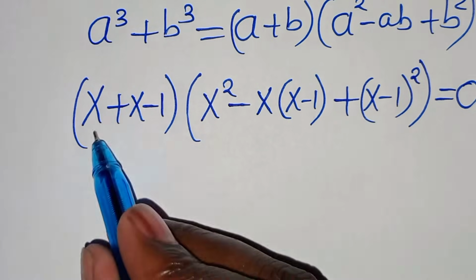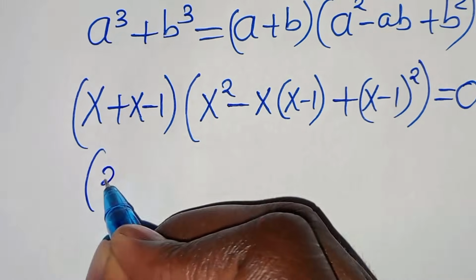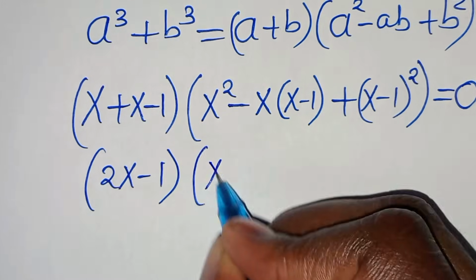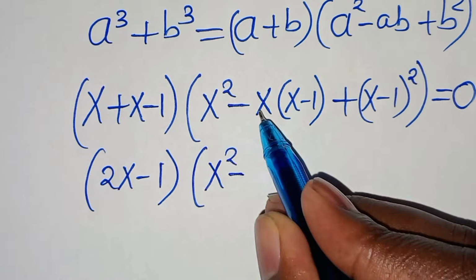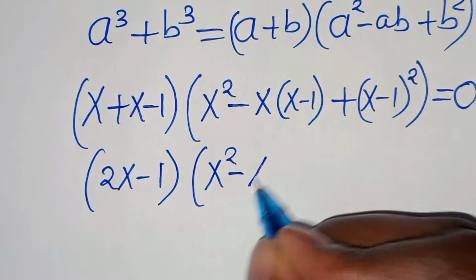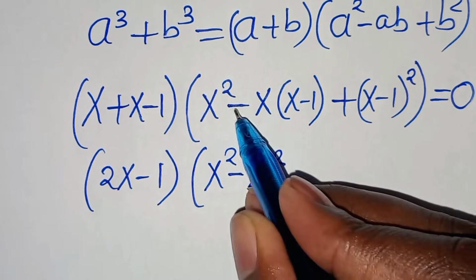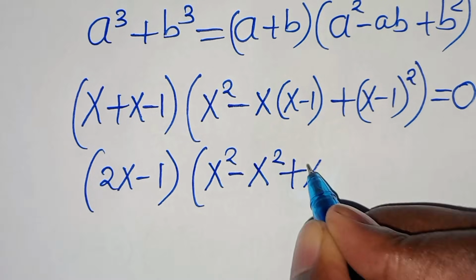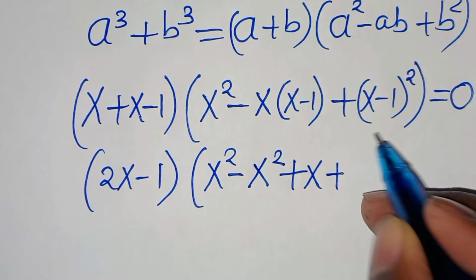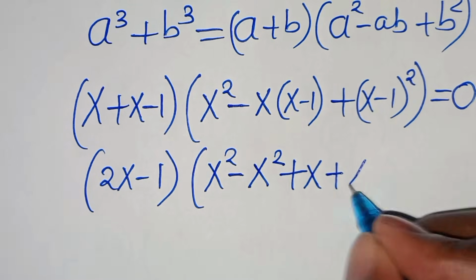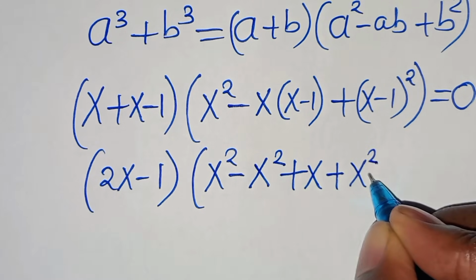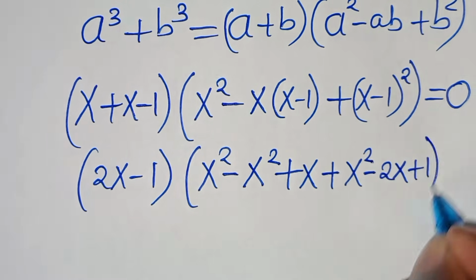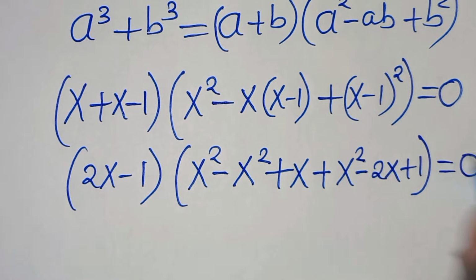So we have x plus x, this is 2x minus 1. Then here we have x to the power of 2, subtract x times x, this is x to the power of 2, then minus x times minus 1, this is plus x, then we have plus, let's expand this, x to the power of 2, then minus 2x, then plus 1, close the parentheses, equal to 0.